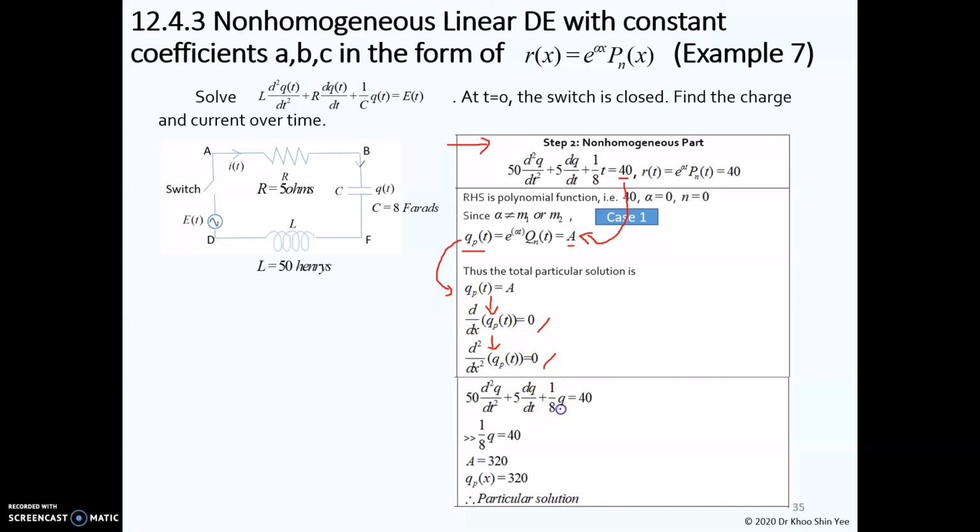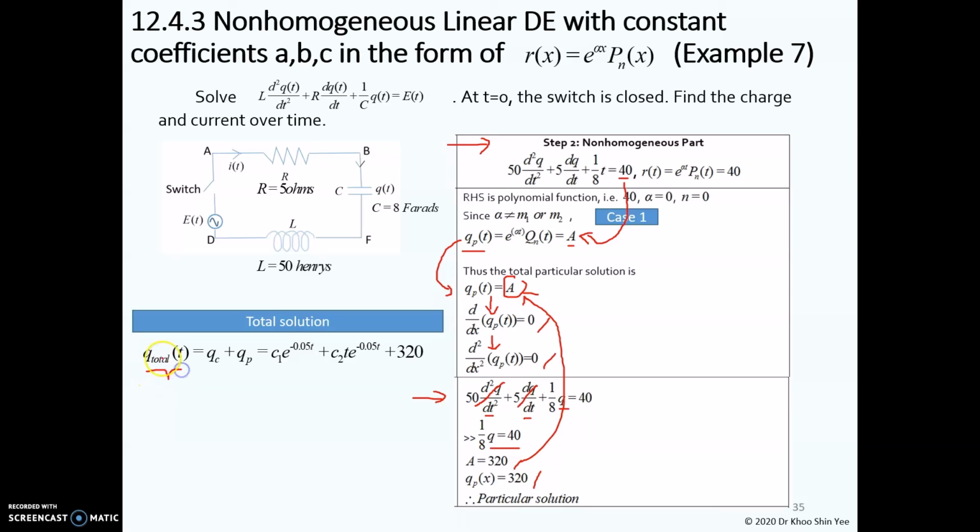Substitute Qp, Qp prime, and Qp double prime into this equation. Since these two terms are 0, you obtain 1 over 8 q equal to 40. After you substitute q equal to A, you obtain A equal to 320. Substitute A into this, then you obtain the particular solution. With that, we succeed in obtaining the total charge equal to the complementary solution plus the particular solution.